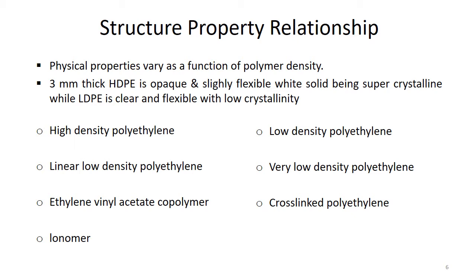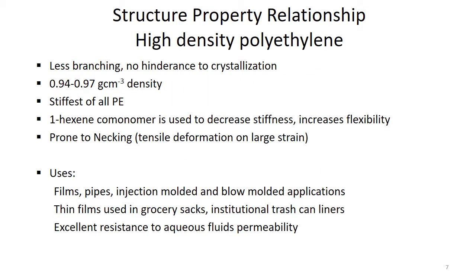Now we shall discuss the structural variants. We have studied their structures, and now we will see how their structures affect the properties of these polyethylenes. Starting from high density polyethylenes: if you remember their structure, they were linear polymer chains with almost no or few branches.